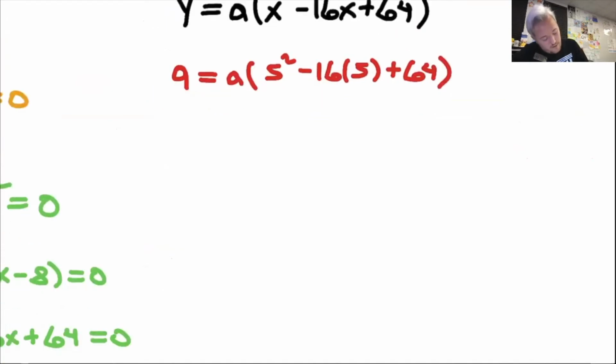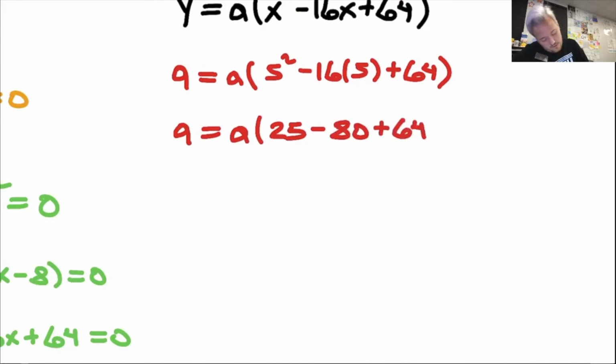So we have 9 equals a times (5 squared, which is 25, then minus 16 times 5, which is 80, plus 64). Is that 116? Is that 9? So a value of 9.